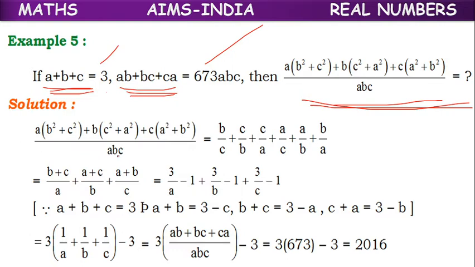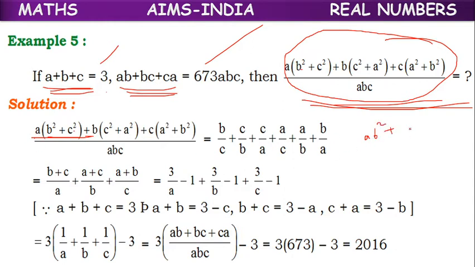Okay, children. So first we have to find this value. Here a into b square plus c square means how can we write? ab square plus ac square by abc.